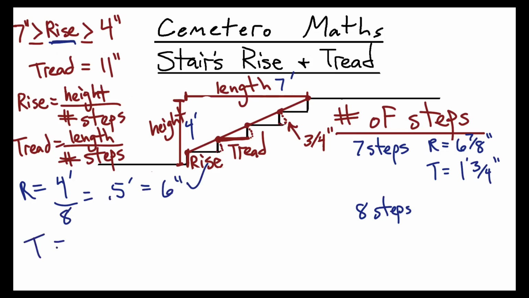And our tread will be the length, which is 7 feet over 8 steps. 7 over 8 gives us 0.875 feet, which is 10.5 inches approximately.